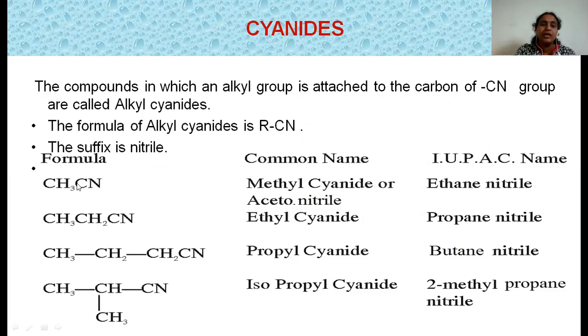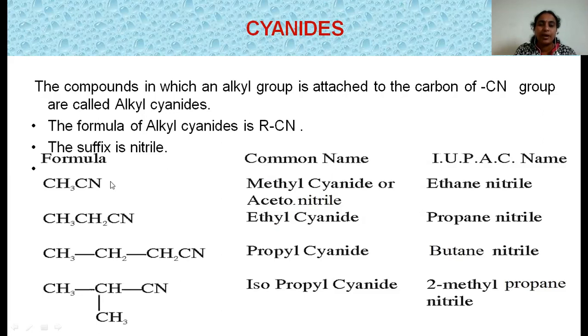For example, if you see this compound, this is one methyl, this is the one substituent. So the common name of this compound is methyl cyanide, or also called acetonitrile.